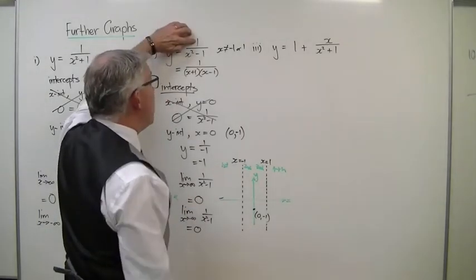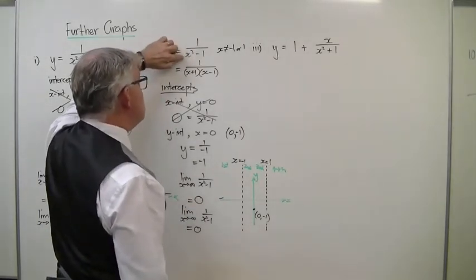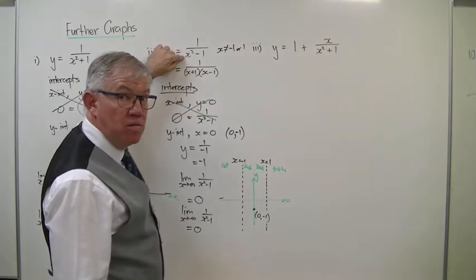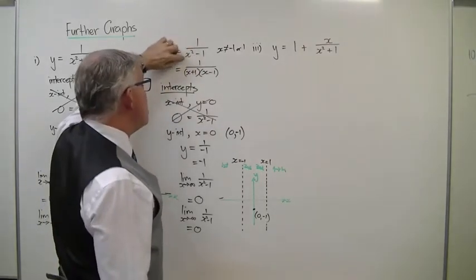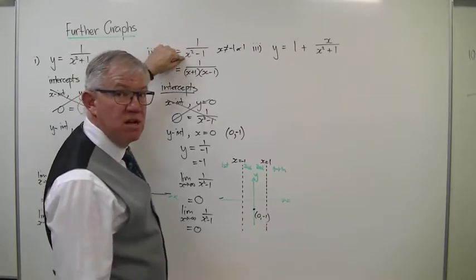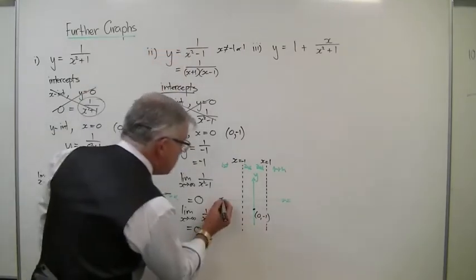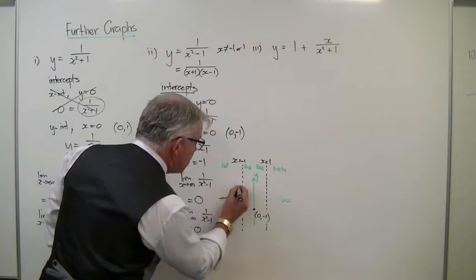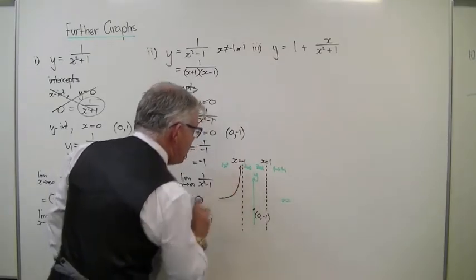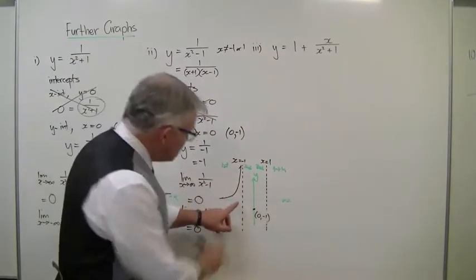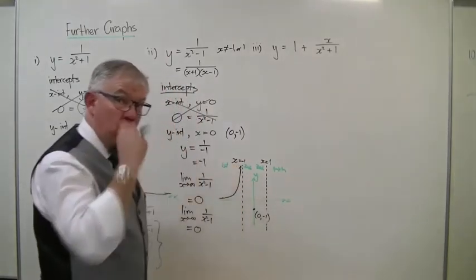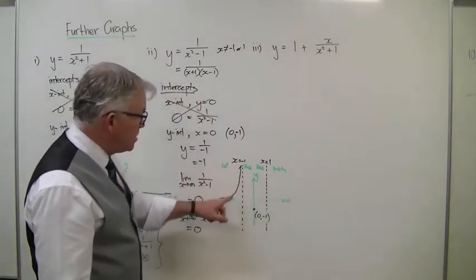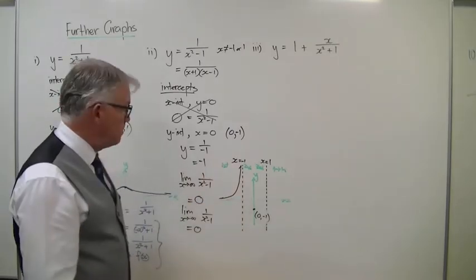But if I have 1 over something that is very small, then that's a big number. 1 divided by a very, very small fraction gives me a big number. So the closer I get to this asymptote, I'm going to have a huge value for the function.